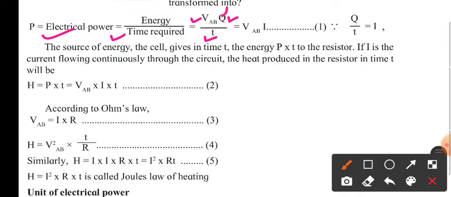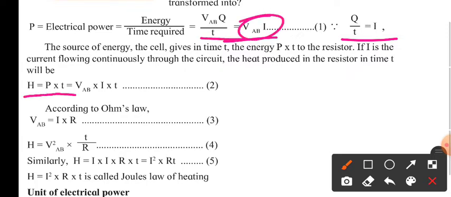As we know, Q upon t is nothing but I, that is the definition of the electrical current, the charge per unit time. So here I can substitute this value, and we will receive V into I.